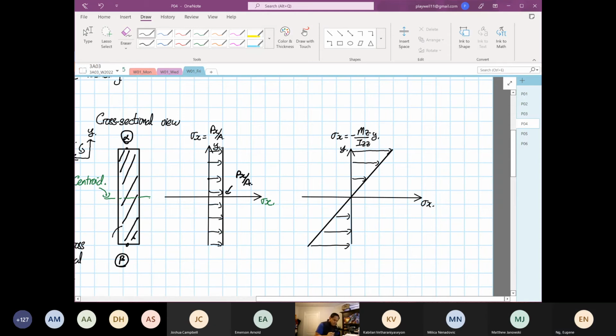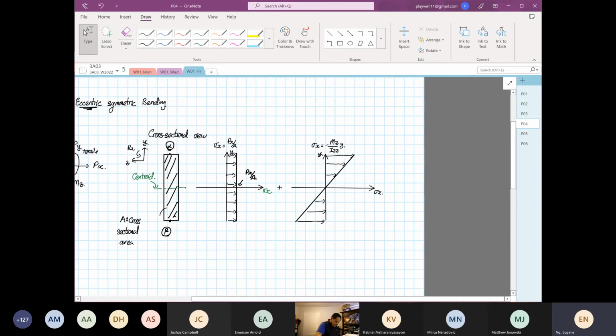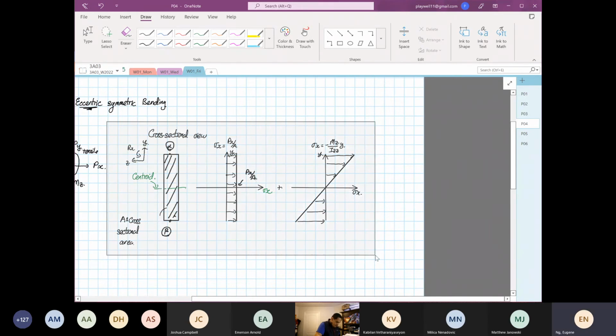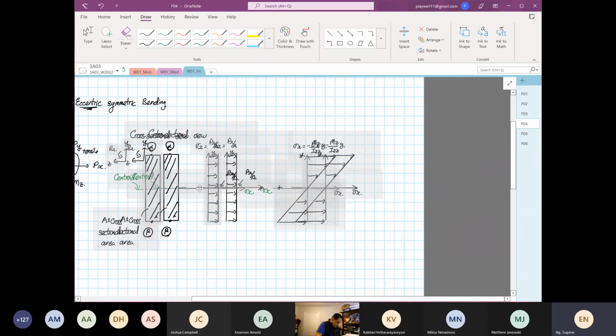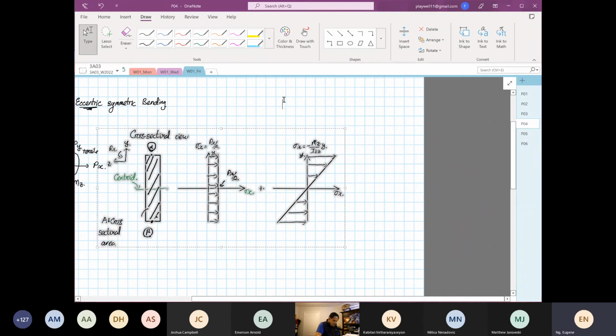So now, when we combine both of them, in the case of eccentric loading, the stress will look like this.